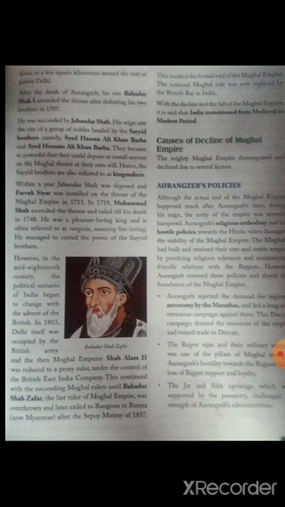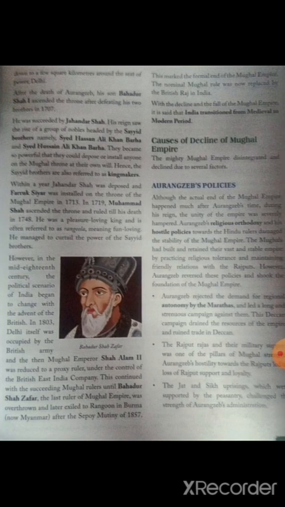Although the actual end of the Mughal Empire happened much after Aurangzeb's time, it was during his reign only that the unity of the empire was severely hampered, that is, very much disturbed and disrupted.